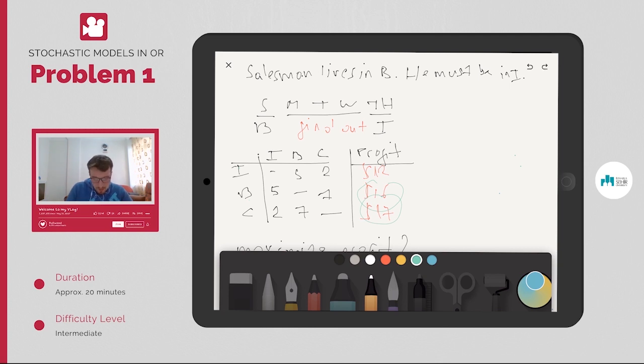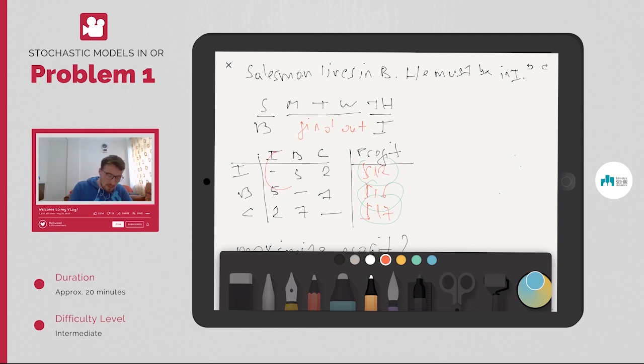From the question, we are told that the profit or the earnings the salesman earns for that particular day by spending a day in Indiana are $12, $16 for Bloomington, and $17 for Chicago. Also, we are given the cost of traveling from one city to another.